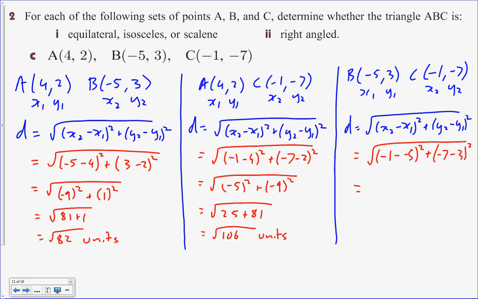So -1 plus 5 is going to be 4 squared, plus -7 take 3 is going to be -10 squared. So equals square root 16 plus 100, so equals square root 116.